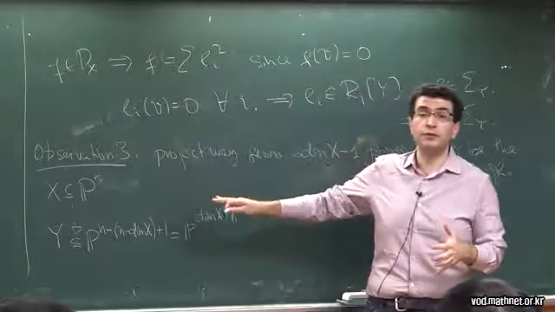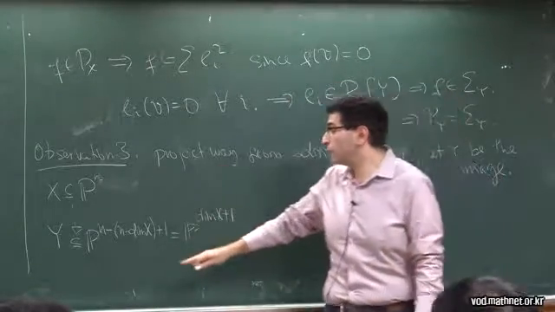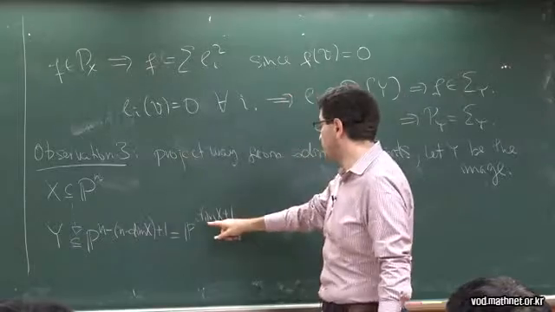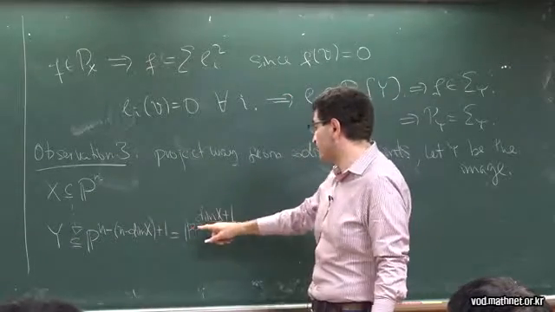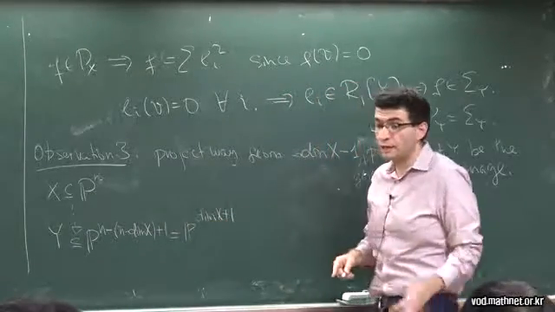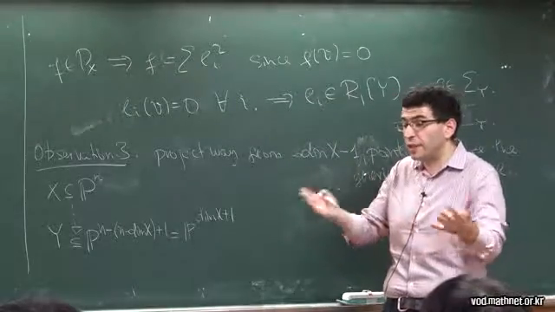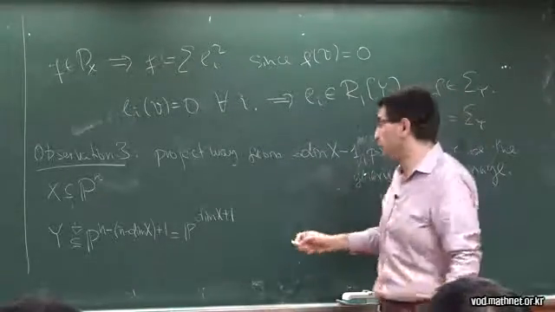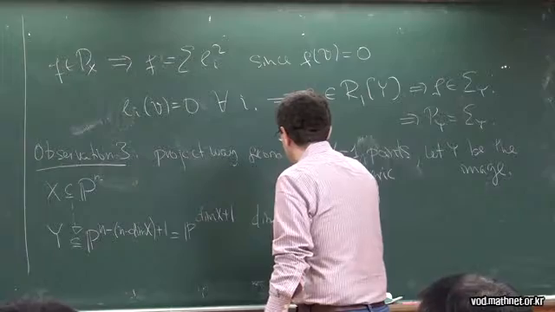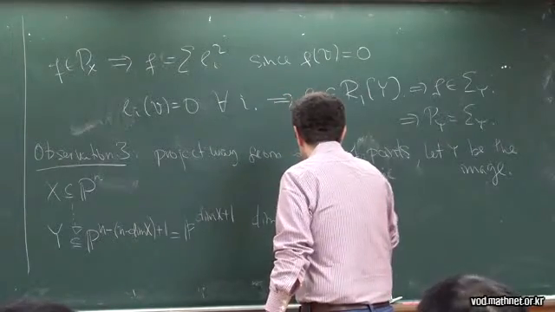I'm just counting the dimensions here, right? So we have a variety y that sits inside projective space of dimension dim x plus 1. Now, once we project away from points, of course, the dimension does not change, right? We have dimension y is equal to dimension x.